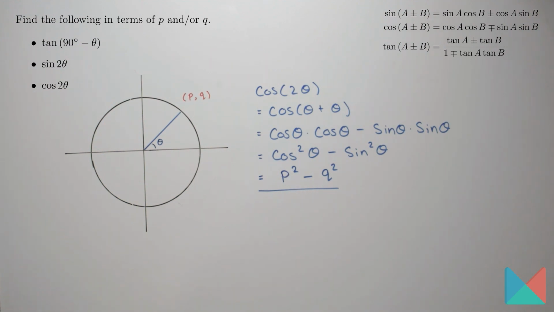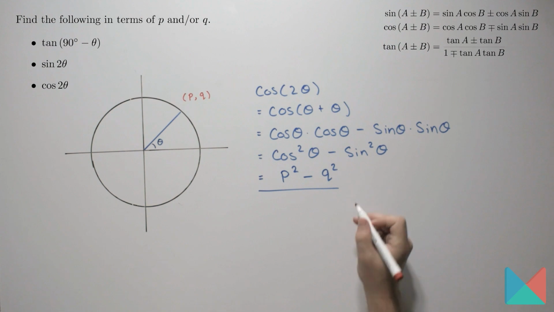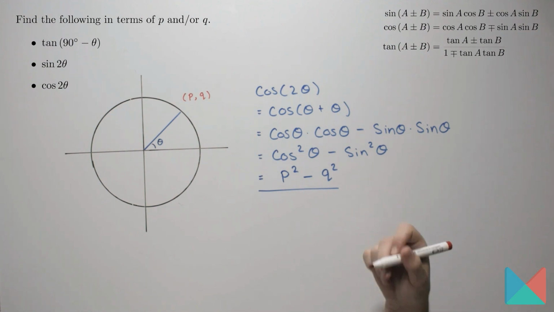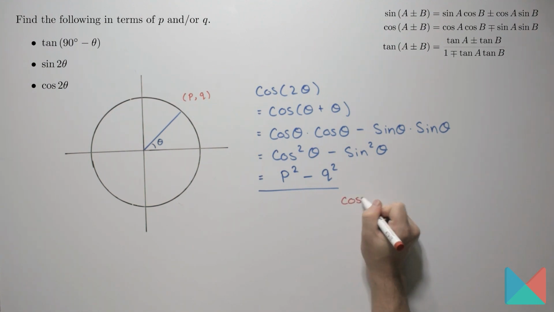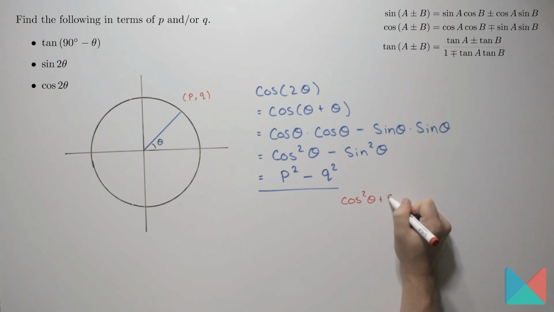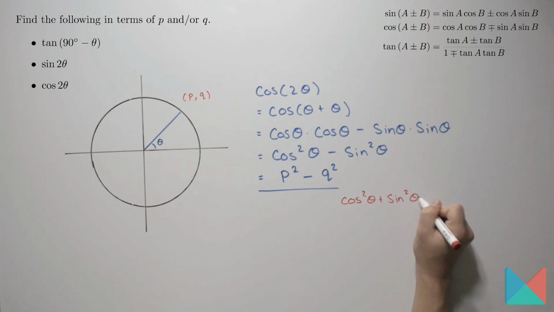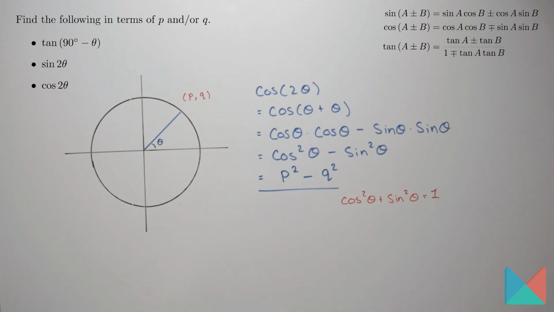But we can also get our solution in terms of only P or only Q. And we can do this by using our substitutions with the Pythagorean identity, which is cos squared theta plus sine squared theta is equal to 1.